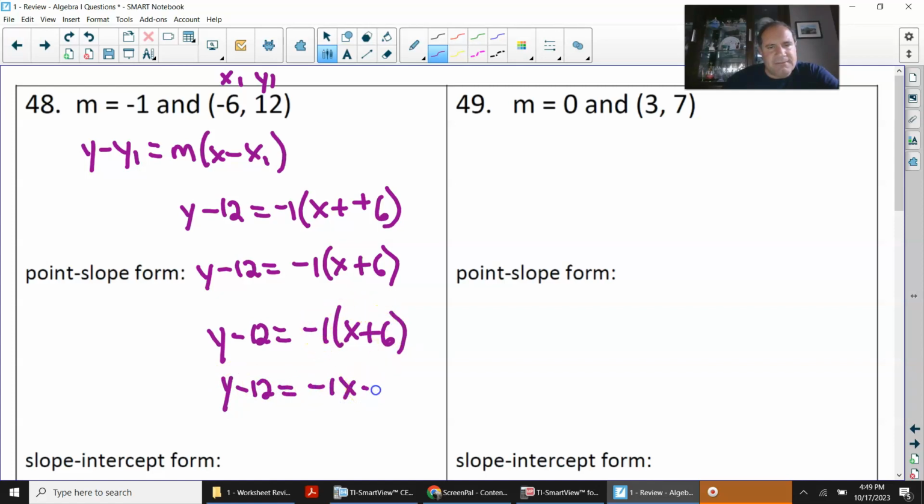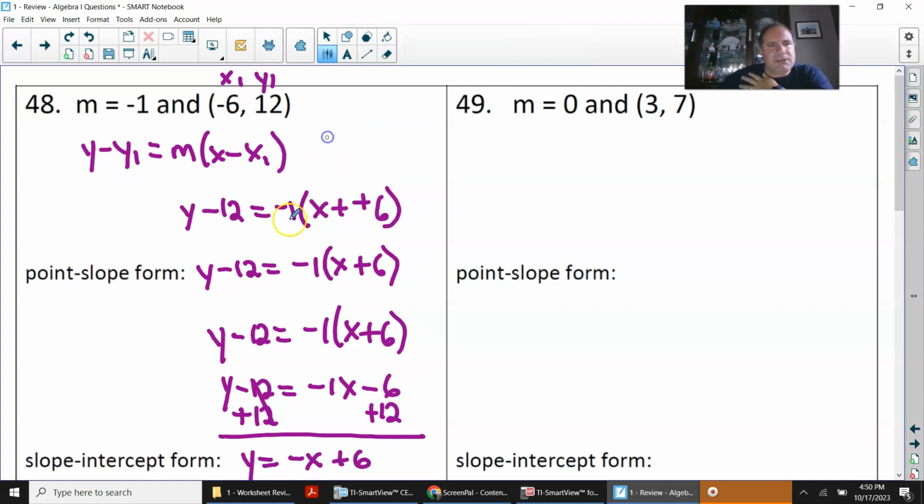Negative times a positive is negative 6. And then you add 12 to both sides. This cancels, you get y equals negative x. I'm not going to put the 1. And then this is plus 6. So you have two answers: the point slope form and the slope-intercept form.